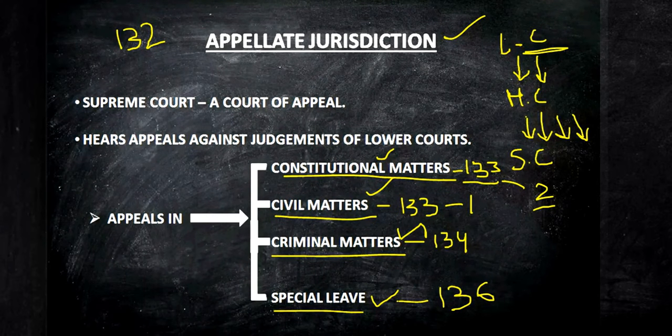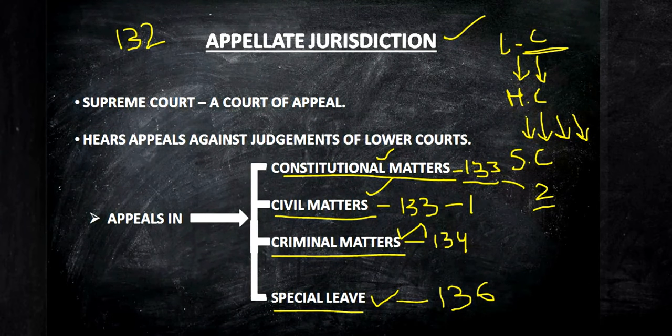The exception is that whatever the cases are there in martial court. What do you mean by martial court? Martial court means there is a separate judicial court for the military purposes. Whatever the crimes or whatever the issues take place in military purview, then what happens? Those cases are exceptionally dealt by the martial court, that is the military court.